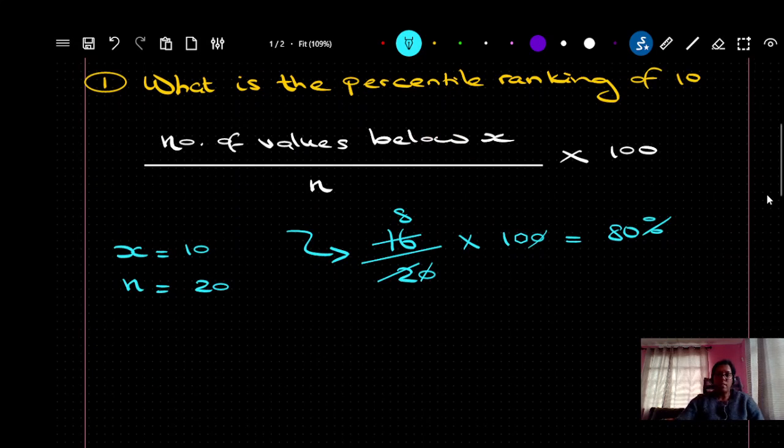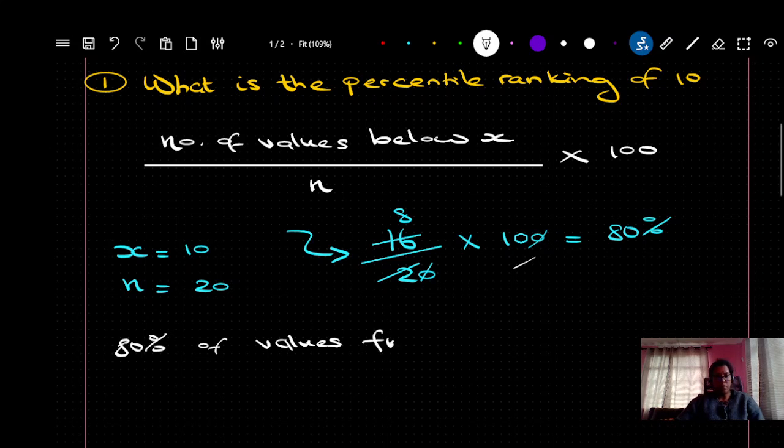So 80% of the values from this data set are below 10.